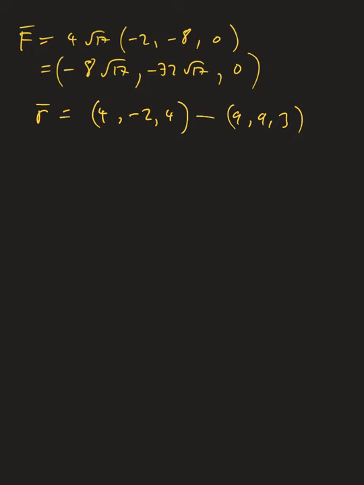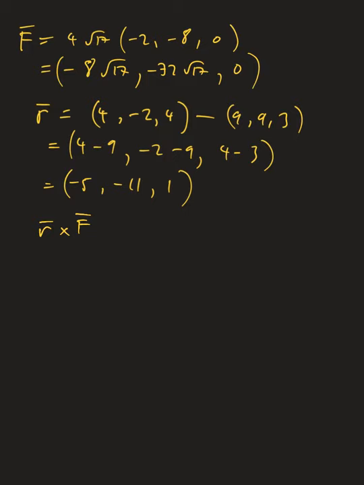So I just subtract those two to get my r vector. That's 4 minus 9, minus 2 minus 9, and 4 minus 3. So that's equal to minus 5, minus 11, and 1. That's my r vector.